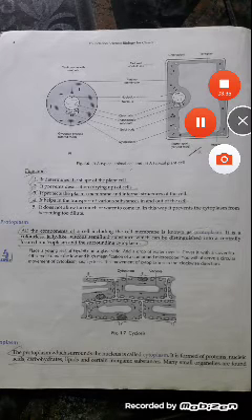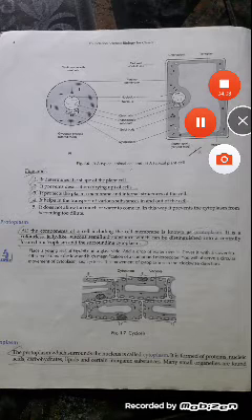It is a colorless, jelly-like, viscous, semi-fluid substance which can be distinguished into a centrally located nucleoplasm and the surrounding cytoplasm.